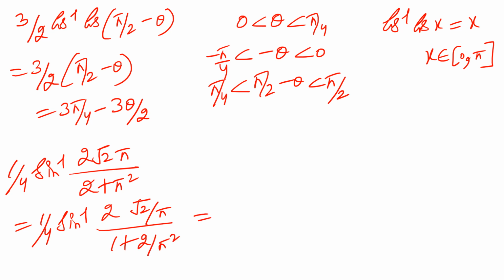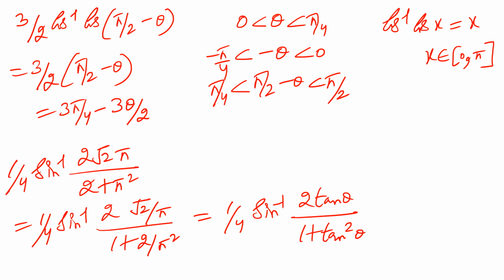Now since we know that root 2 upon pi is tan theta, this becomes 1 upon 4 into sine inverse 2 tan theta divided upon 1 plus tan square theta. Now students, we know that 2 tan theta upon 1 plus tan square theta is the formula for sine 2 theta. So it finally becomes 1 upon 4 into sine inverse sine 2 theta.